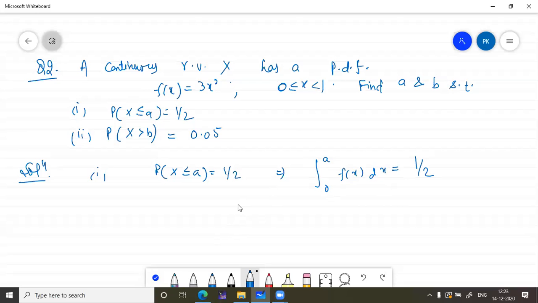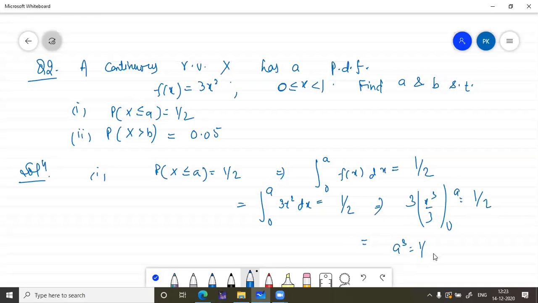Now function is given here: integral 0 to a 3x square dx is equal to 1 by 2. Or we write 3x cubed by 3, 0 to a is 1 by 2. It means a cube is equal to 1 by 2, or a is equal to 1 by 2 raised to the power 1 by 3.